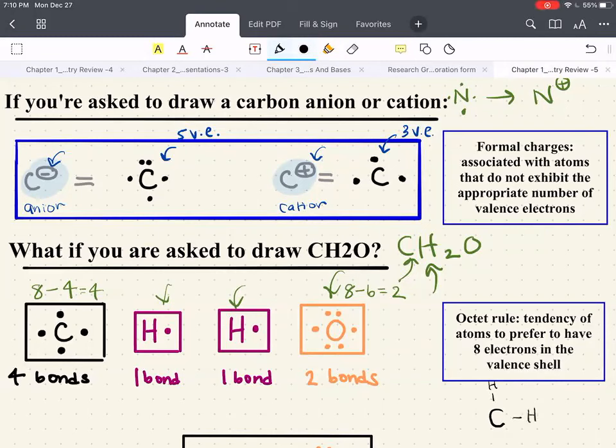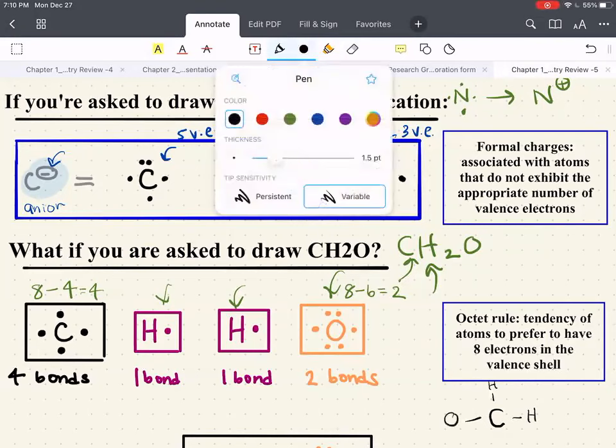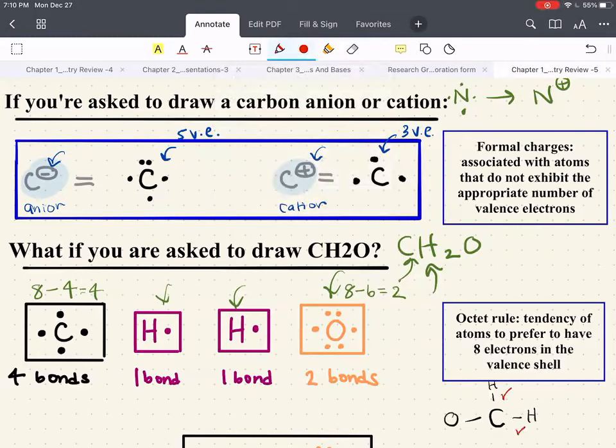Cool, we can attach the other hydrogen. So far, so good. And maybe we can attach the oxygen to the carbon. Our hydrogens each are forming 1 bond, so their bonding preferences are satisfied. Now, what about that central carbon? So far, it has 3 bonds. It needs 1 more for its bonding preference to be satisfied. And the oxygen only has 1 bond. It needs another one to be satisfied.